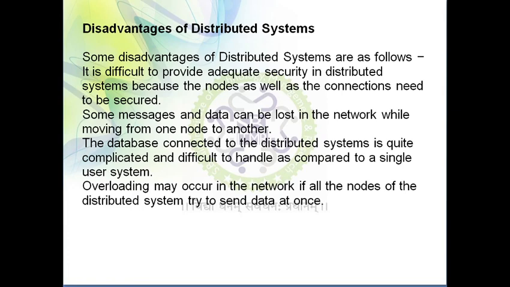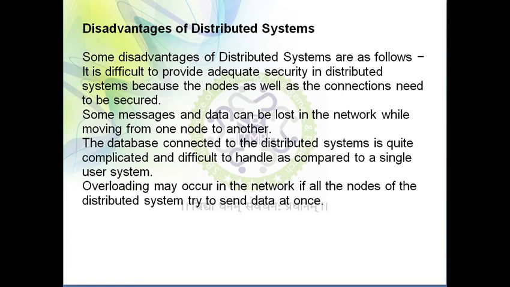Disadvantages of the distributed systems. Some disadvantages of the distributed systems are as follows. It is difficult to provide adequate security in a distributed system because the nodes as well as the connections need to be secured. Some messages and data can be lost in the network while moving from one node to another node.